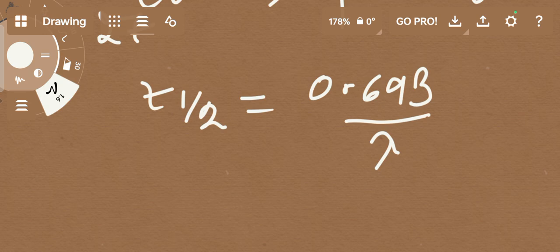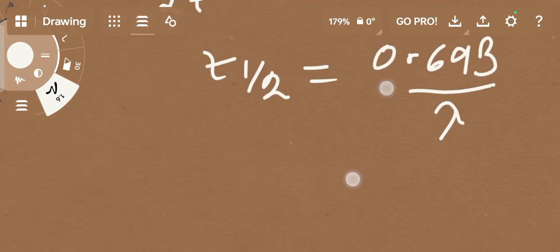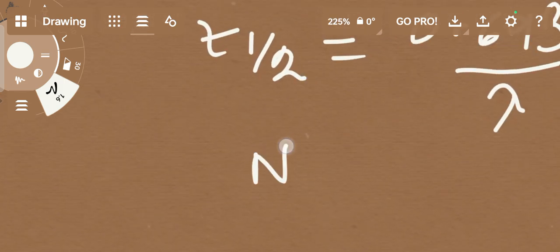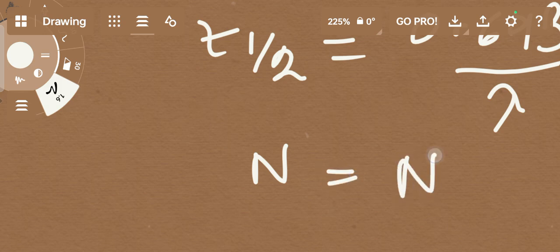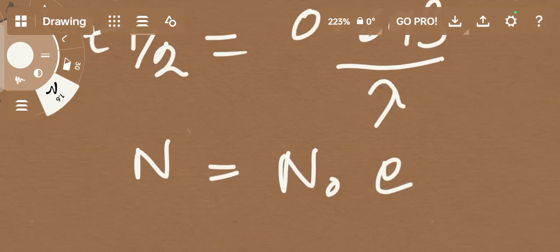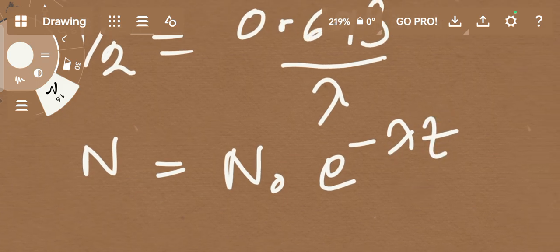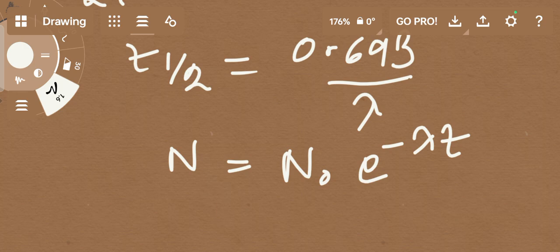So if we have to find the lifetime, we need to know the decay constant. Decay constant is again related like N equals N0 e to the power minus lambda t. So when t equals T half, your N will become N0 by 2.